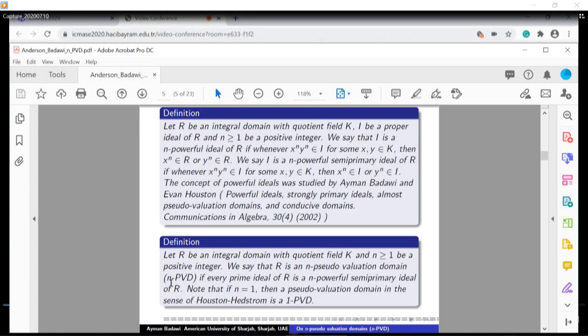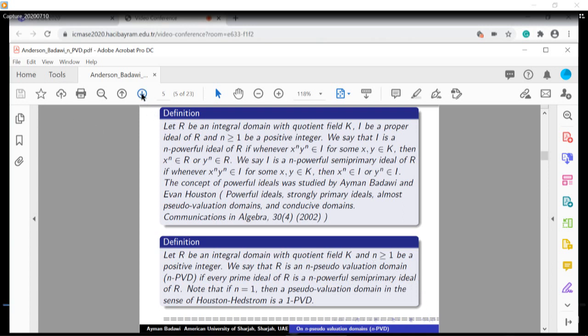If n equals 1, then you get a pseudo valuation domain, or just a 1-pseudo valuation domain. So if you want to follow my talk, you need to know what we mean by n-powerful semi-primary, n-powerful ideal, and n-pseudo valuation domain. N-pseudo valuation domain means every prime ideal of R must be an n-powerful semi-primary ideal.